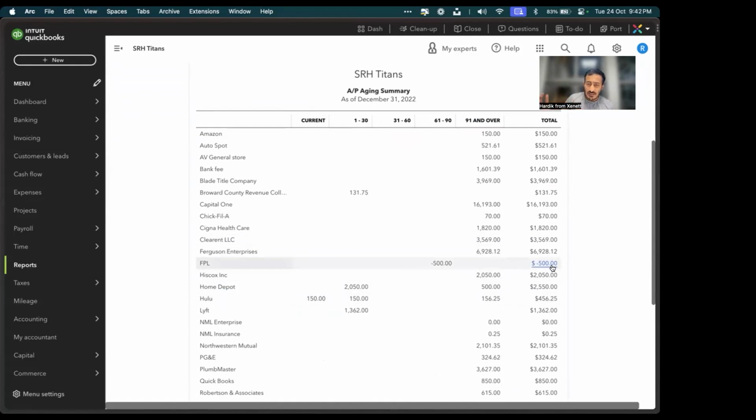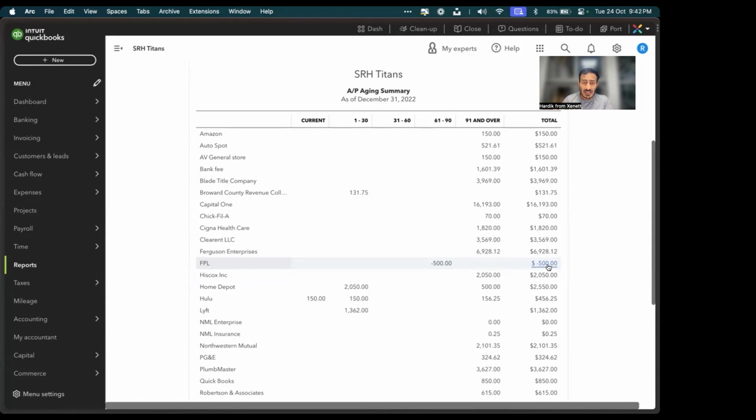There could be some genuine scenarios where you would expect a negative balance, like a genuine overpayment that you know is going to be adjusted towards future invoices, and that should be fine. But otherwise, every negative vendor balance should be questioned as to why it's negative.